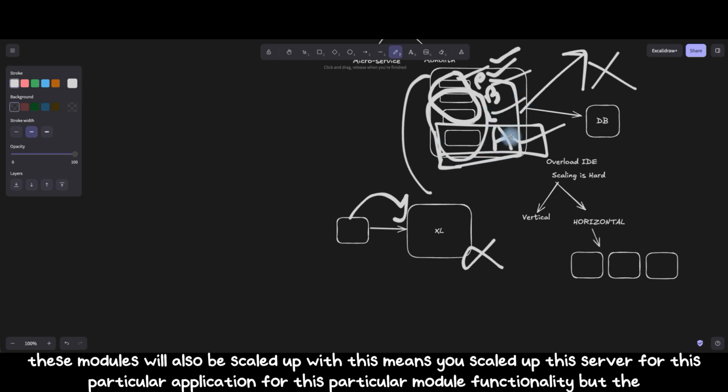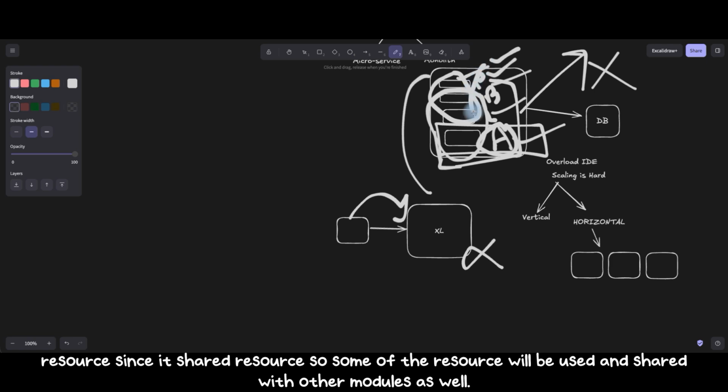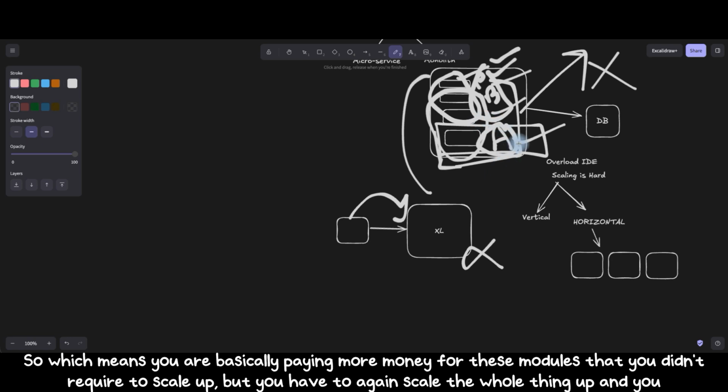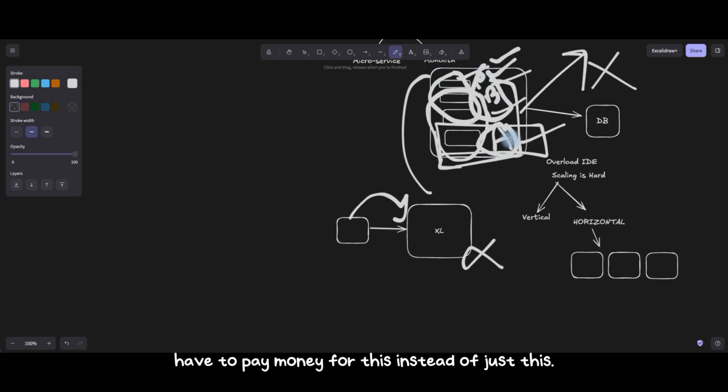Means you scaled up this server for this particular module's functionality, but since it's a shared resource, some of the resource will be used and shared with other modules as well. So you are basically paying more money for modules that you didn't require to scale up, but you have to scale the whole thing up, and pay for this instead of just this. So this is another disadvantage.